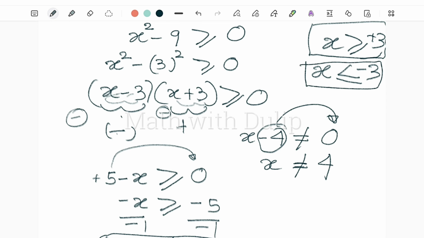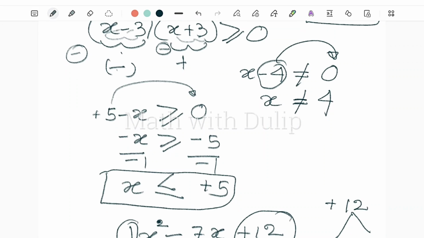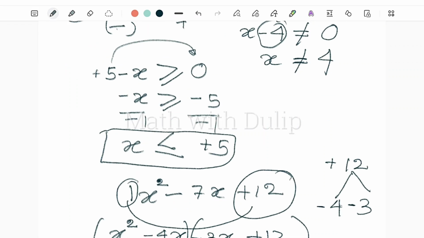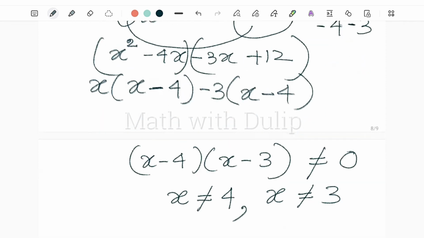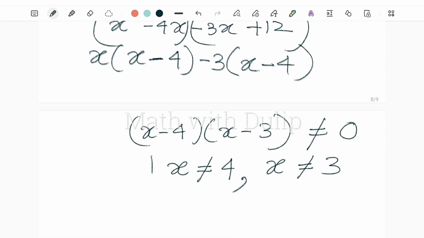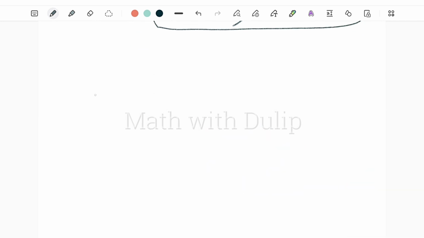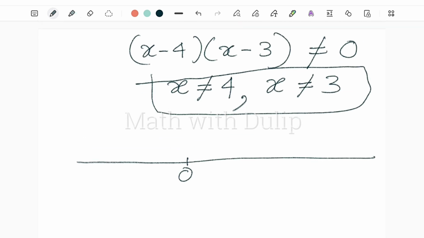We have x greater than or equal to positive 3, and x less than or equal to negative 3, and x less than or equal to 5, and x not equal to 4, and x not equal to 3. So let me draw all these conditions on the number line. We don't actually need 0 here.